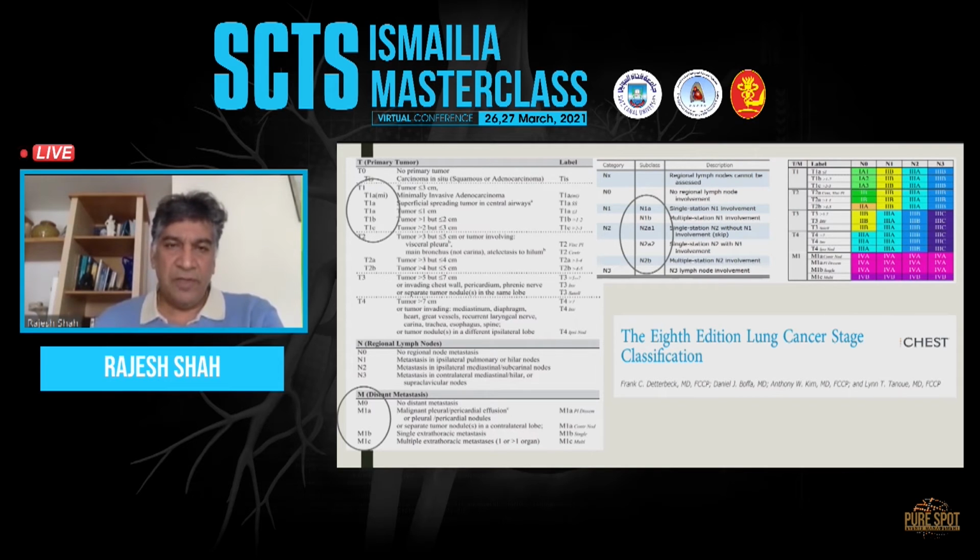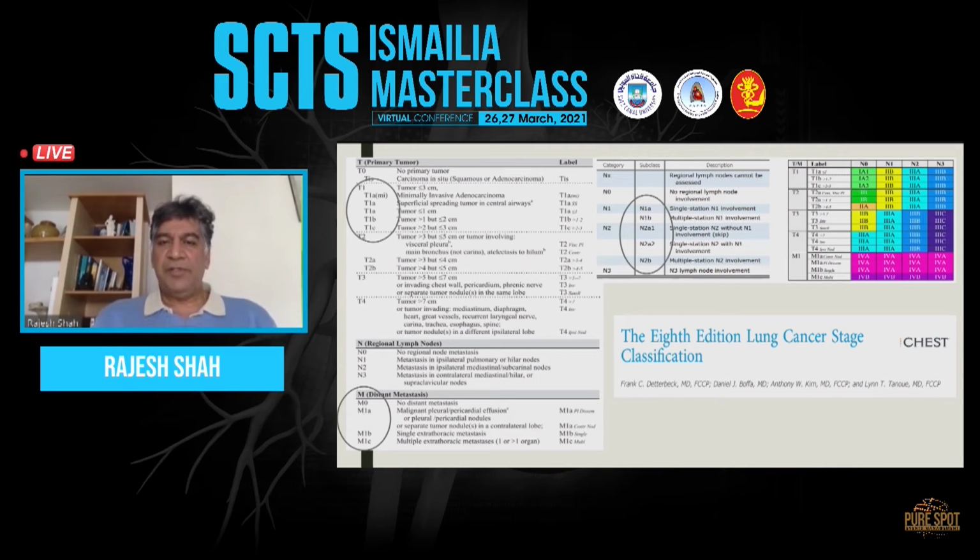The reason for doing that is there is differential prognosis in each of these separate groups of tumors. Again, nodal disease has been classified into N1A, N1B.